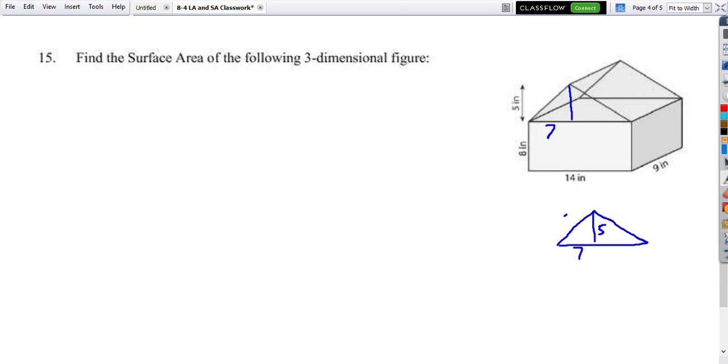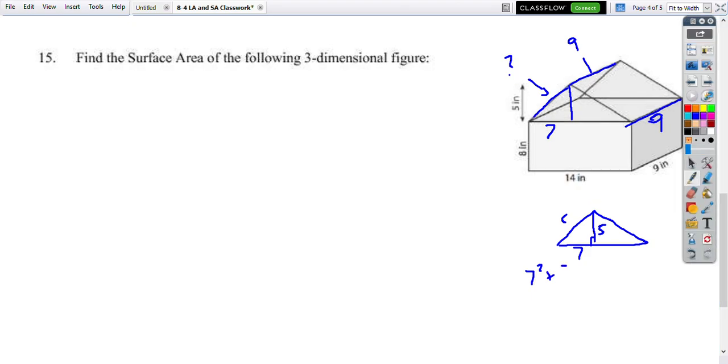We're going to need to figure out that length. Now remember, we know this is 9, so this piece right there is 9. What we don't know is this, and you're just going to use the Pythagorean Theorem for that. So 7 squared plus 5 squared is equal to c squared, and I'll let you guys go to work. It is going to be a radical, it's okay, just keep it as that, and then you're going to do the work from there. All right, guys, so that's for tomorrow, and I will see you guys on Wednesday.